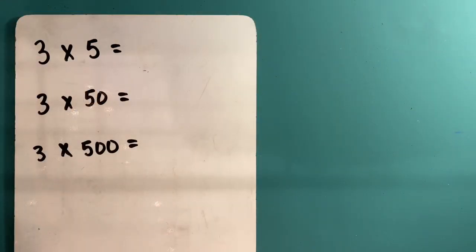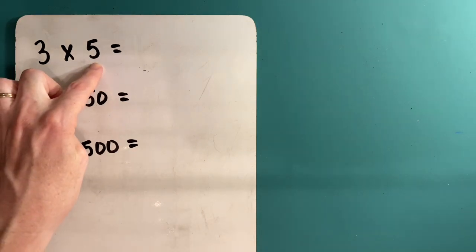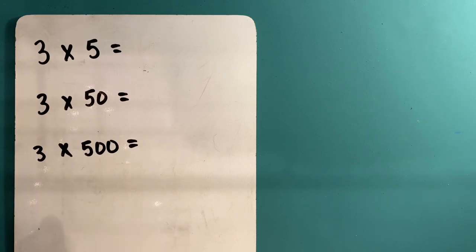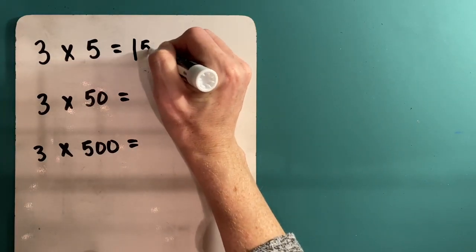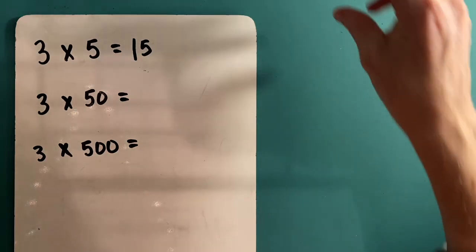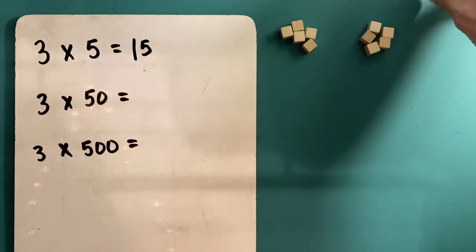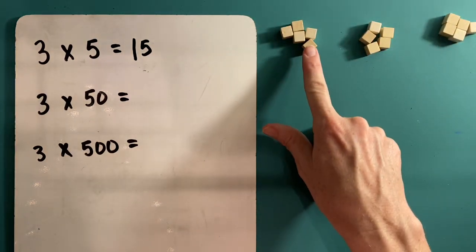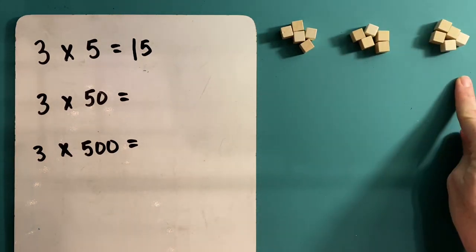Okay, let's look at another group of extension facts. So we see our basic fact is 3 times 5. Well, what is 3 times 5? 3 times 5 equals 15. And if we were representing that with base 10 blocks, we would have 3 groups of 5 cubes, which totals 15 cubes altogether.